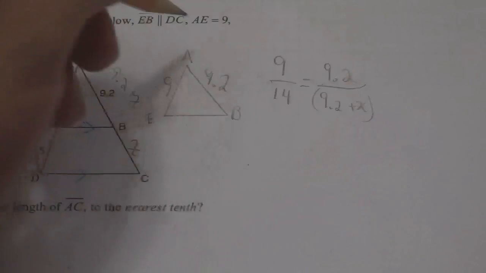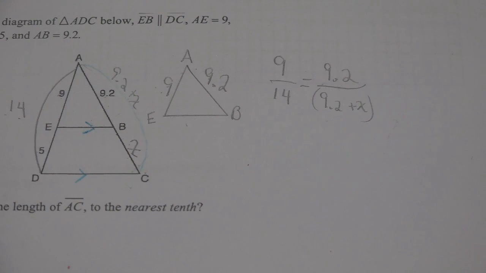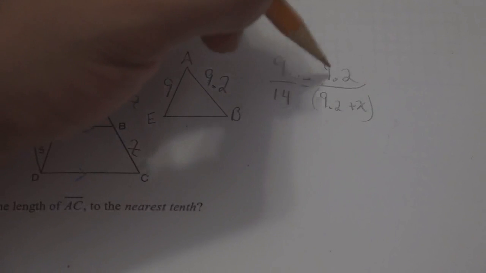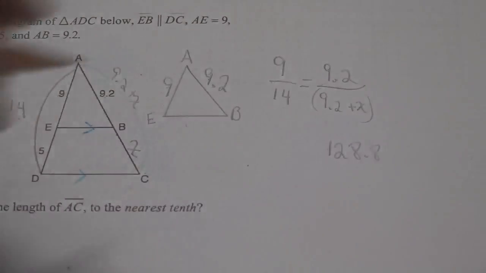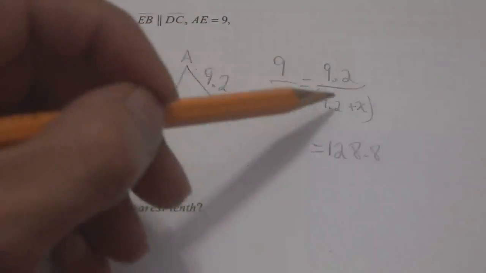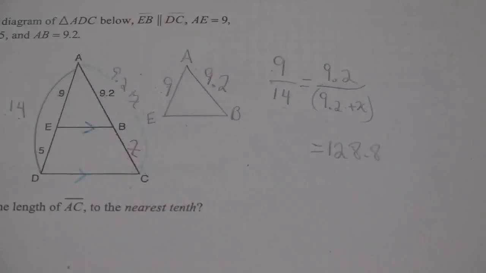So let's do it. So 14 times 9.2, correct? 14 times 9.2, that is 128.8. And now this times 9. So what is 9.2 times 9?